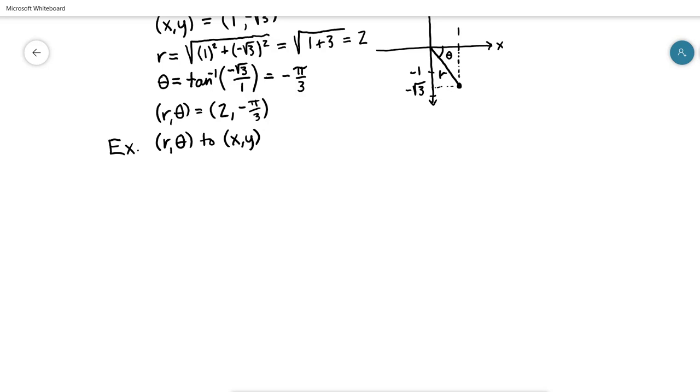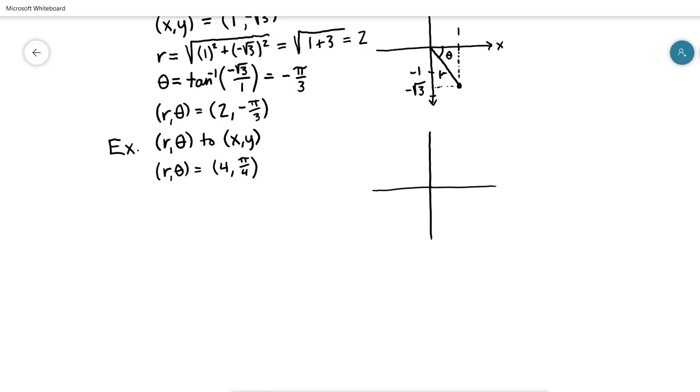In a lot of ways, this is, in my opinion, the easier way to go. So if I tell you that r theta is equal to, let's say, 4 comma pi over 4, again, I can draw a quick sketch, and we can figure out where this is. This will at least give us a quick sanity check.